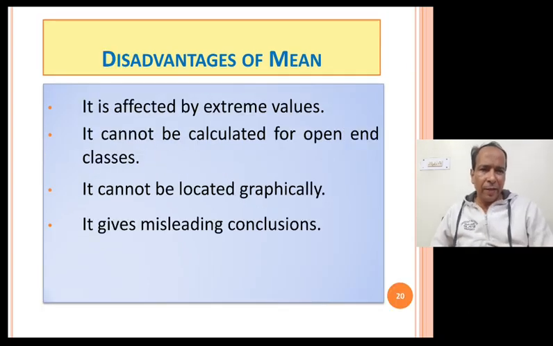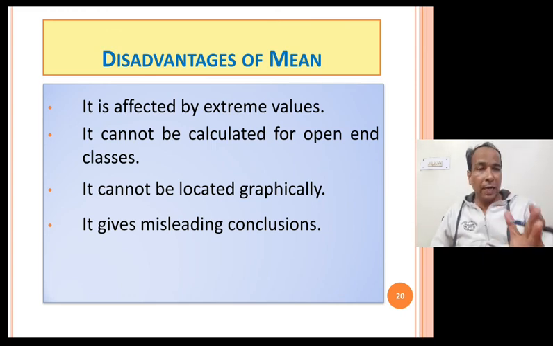Disadvantages of mean include that it is affected by extreme values. If one value is an outlier, as in the example of your class, if somebody is 60 years old and the rest of you are between 20 and 25, that one value will significantly increase the mean age of the class.